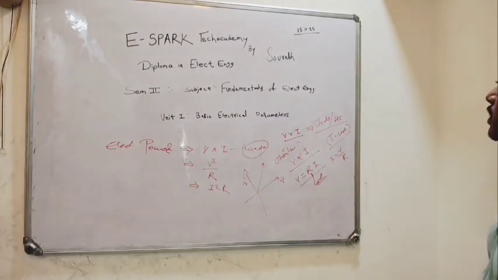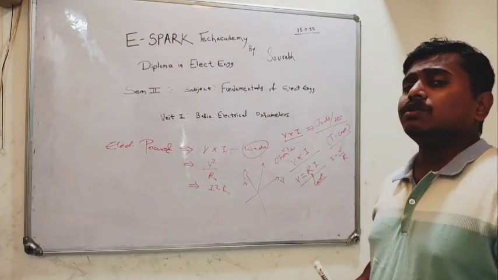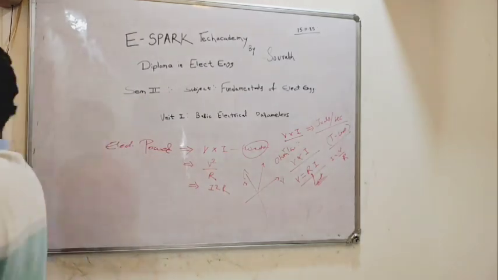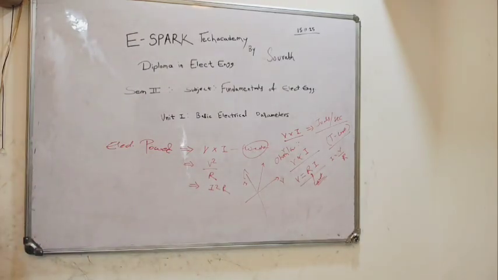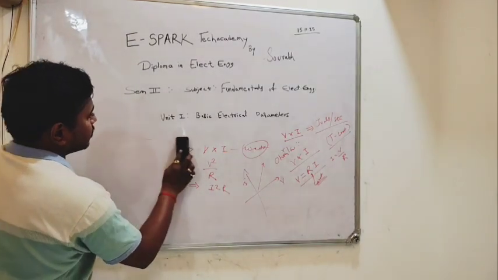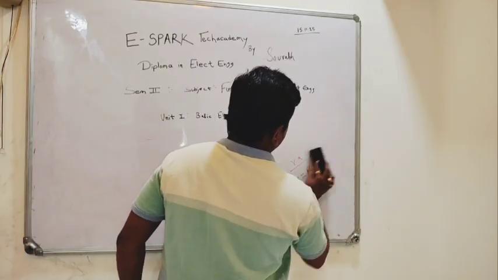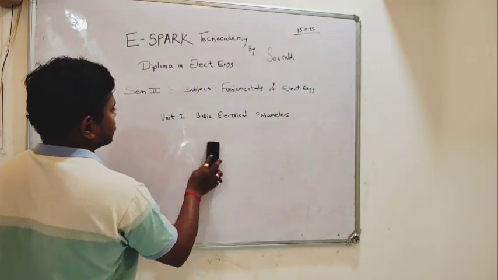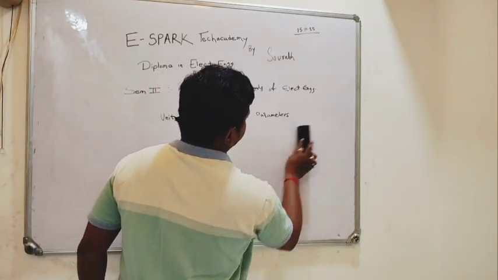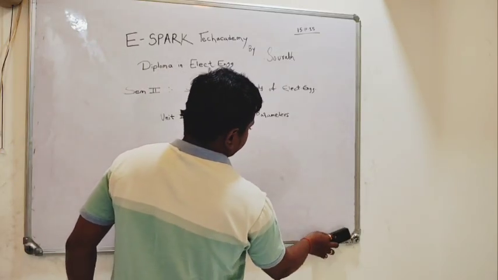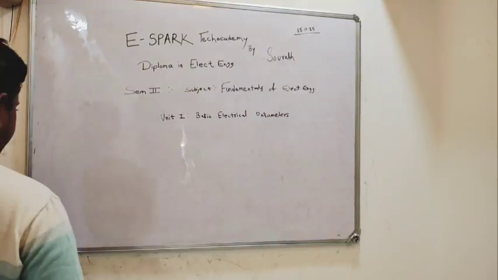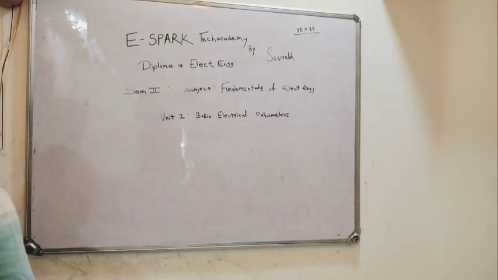Further I will be explaining this to you. Now we will go through electrical energy. Electrical energy is nothing but power into time, that is, power supplied for a respective time period.